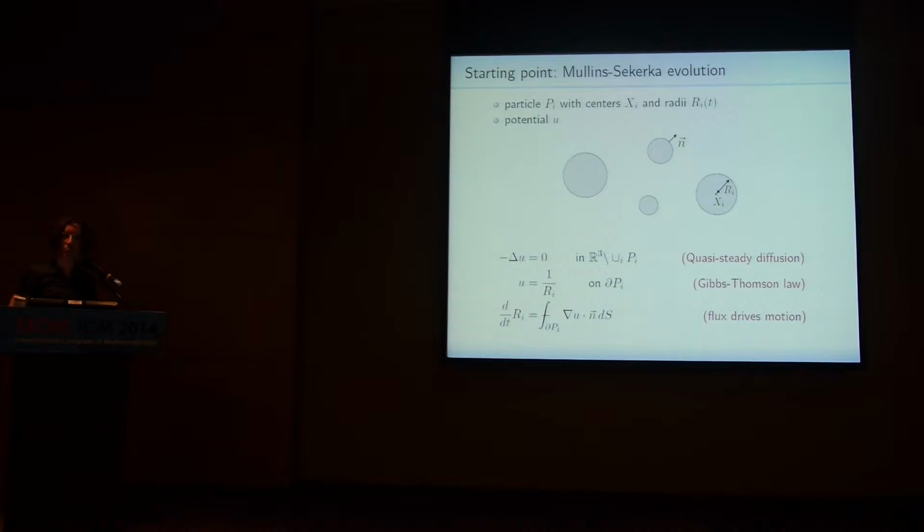We saw in the experimental picture that it's fine to model particles by balls, and so they're characterized by a center x_i, but the center doesn't move, and the radius r_i that changes in time. So particles can grow, can shrink, and r_i can also go to 0. And then we said they interact by diffusion, so they interact by a diffusion potential u. And now the equations are as follows.